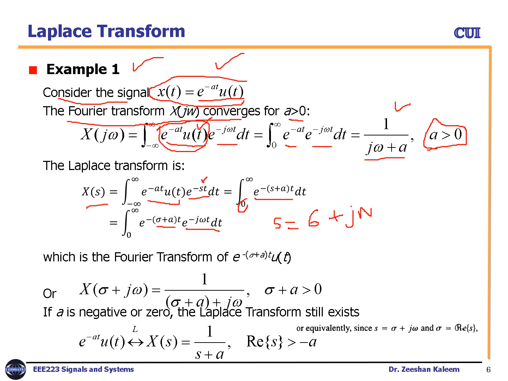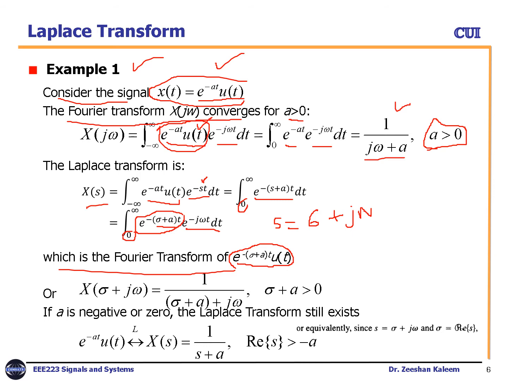Why are we separating? To write it in the shape of a Fourier transform. We can notice from here that this is the Fourier transform of e to the minus (sigma plus a) t u of t, with the limit being 0.